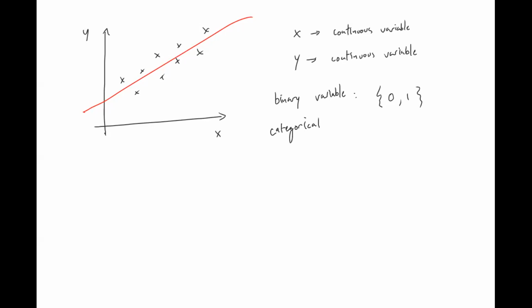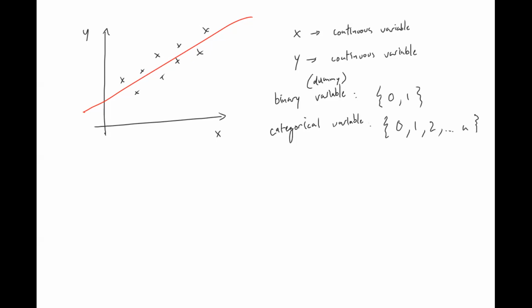And actually, I should also mention this binary is also known as a dummy variable sometimes. So a categorical variable is similar, except instead of 2 discrete values, it can take on n discrete values. So 0, 1, 2, ... n.